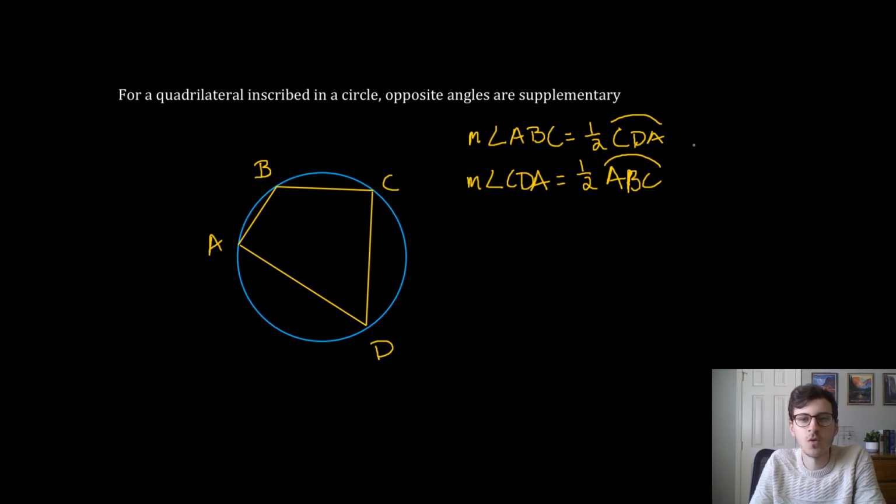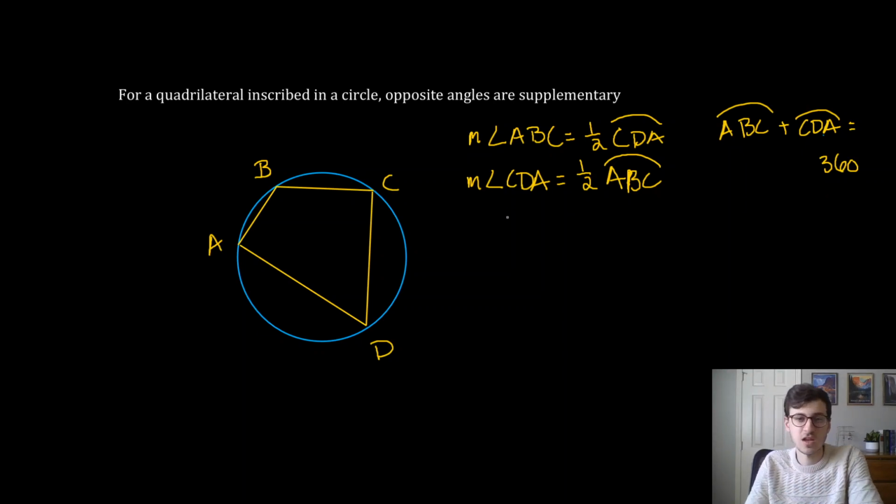Okay, what else do I know? Well, I know that arc ABC plus arc CDA, that's the whole circle, right? ABC and CDA, that's the whole circle. So that's 360. Right, and I can do kind of like what I did with the tangent.